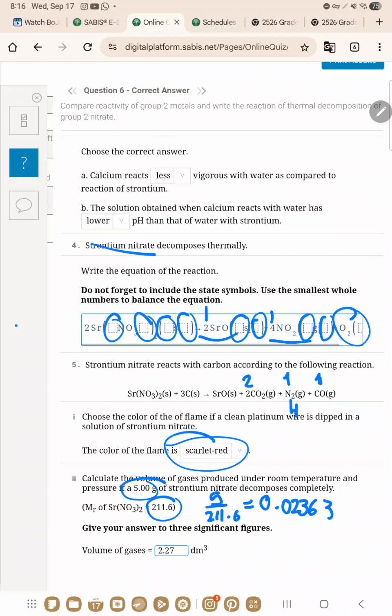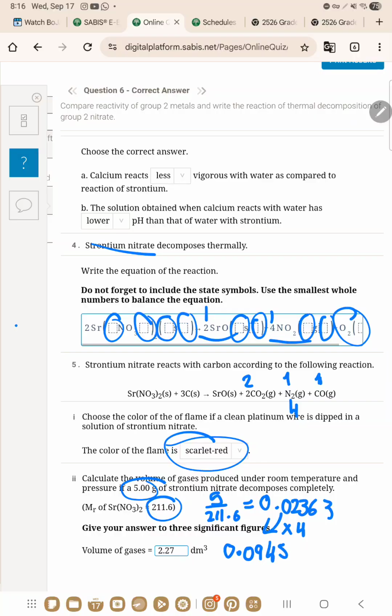Since we have 4 gaseous moles, you multiply the moles of the compound by 4. It's going to give us 0.0945.